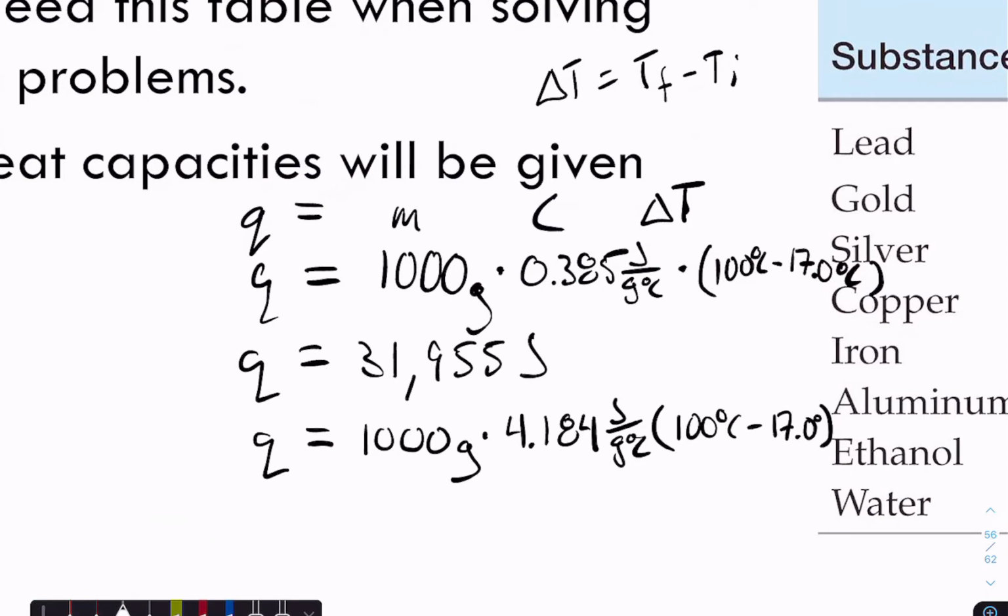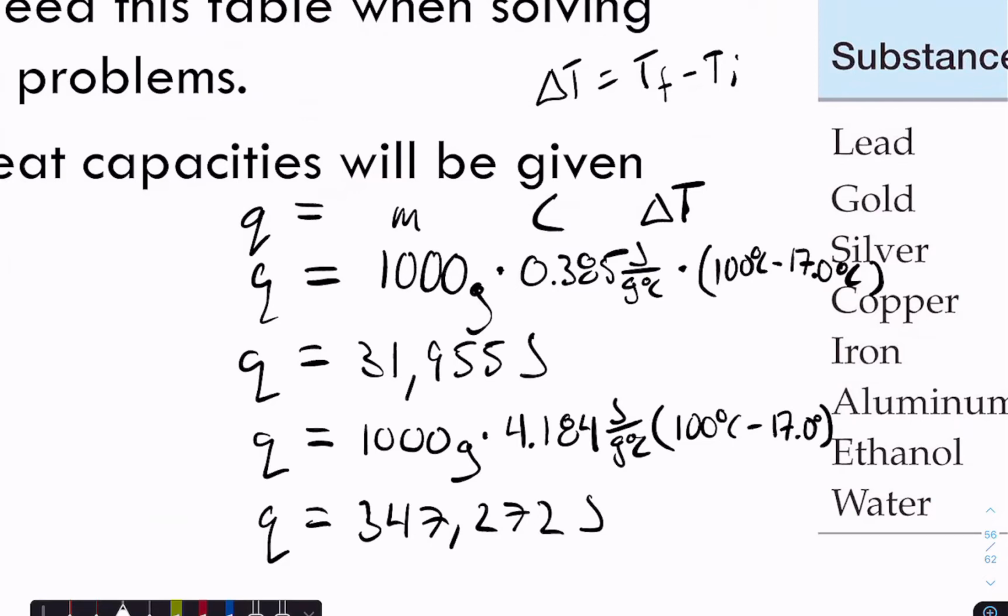When we're heating something up, we're adding heat, thermal energy, to that thing. That's what increases the temperature. So 1,000 times 4.184 times 100 minus 17 is going to take not 31,000, but 347,272 joules. So 10 times more energy to take the same mass of water from 17 to 100 degrees C.